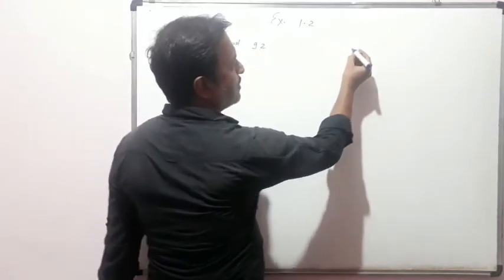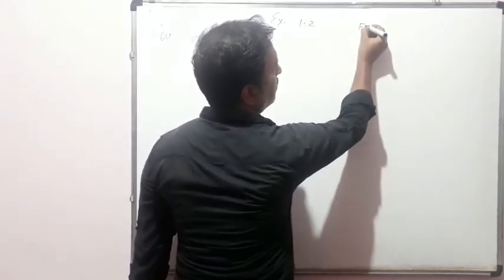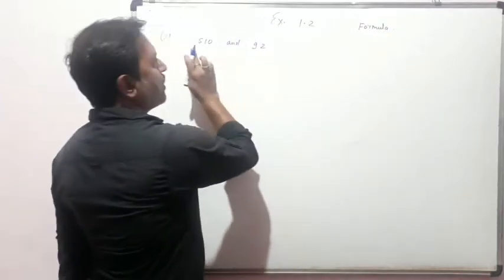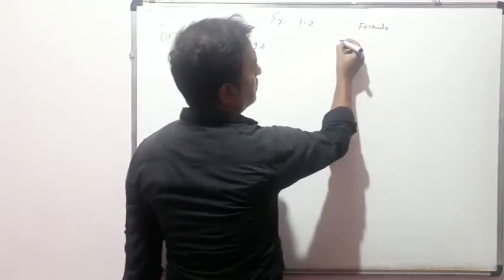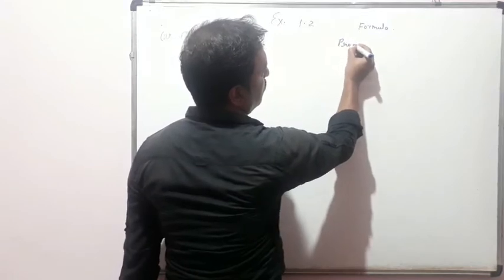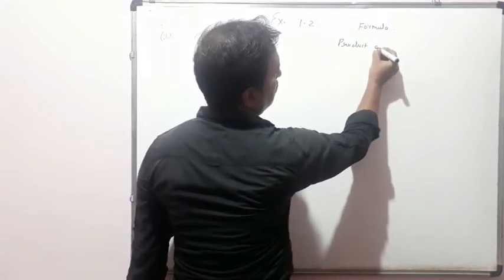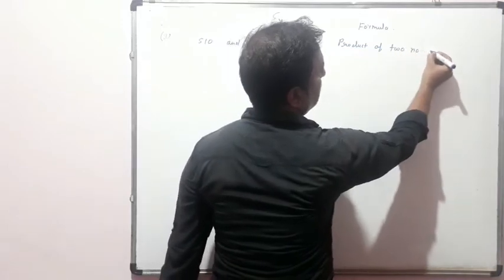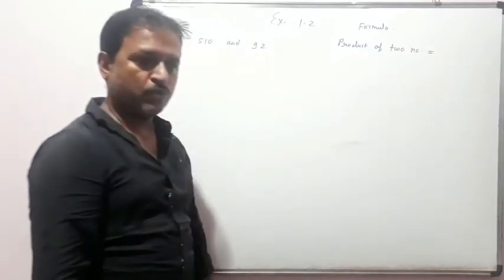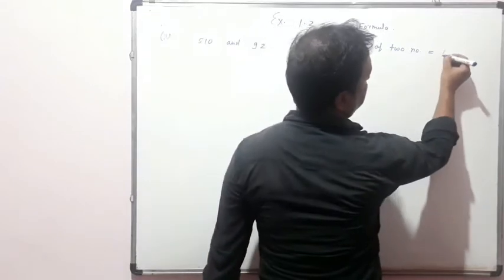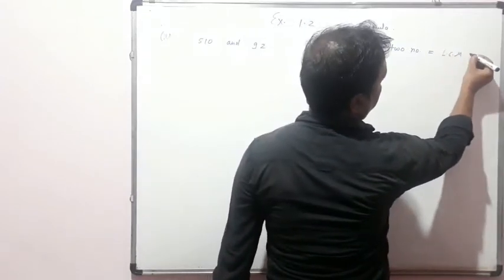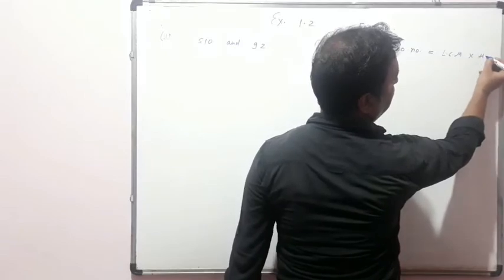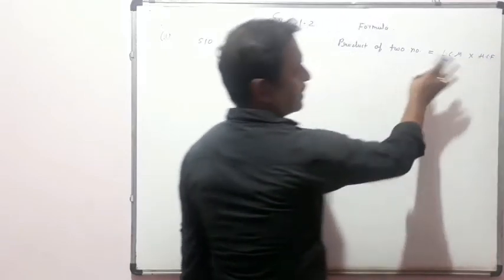We know the formula: the product of two numbers is equal to the product of the LCM and HCF of these two numbers.